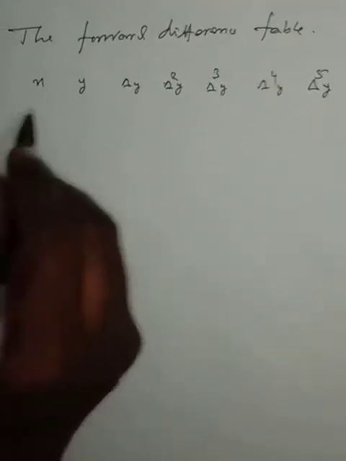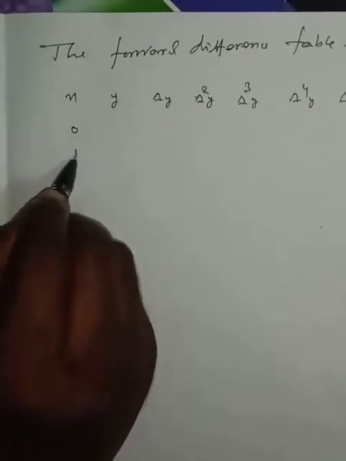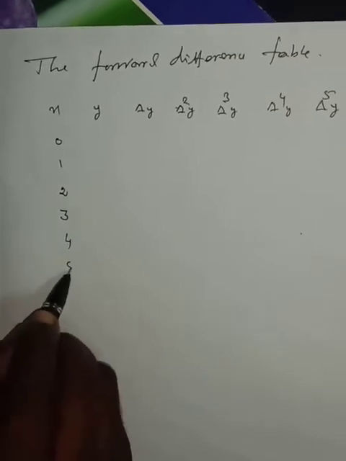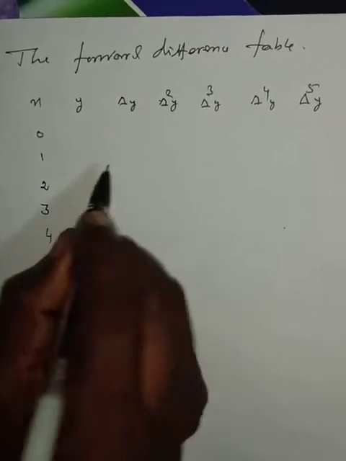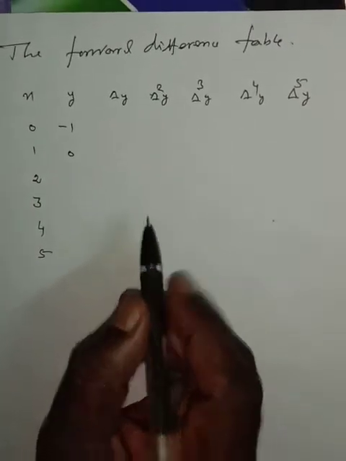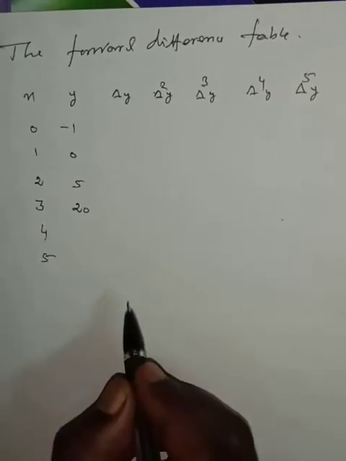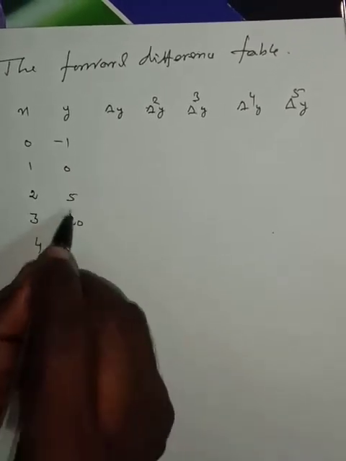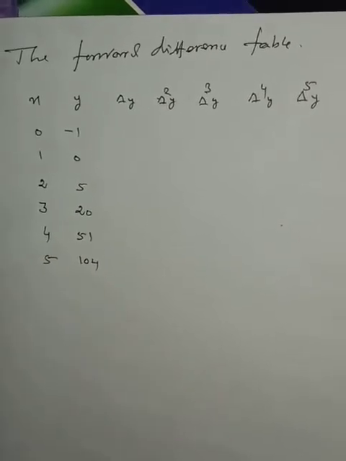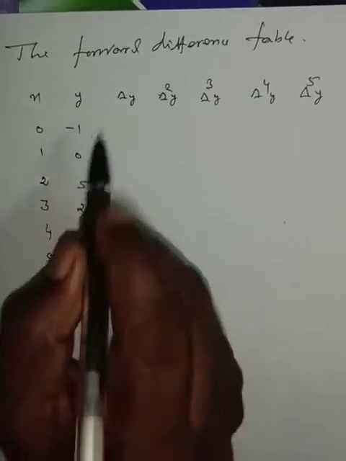X is 0, 1, 2, 3, 4, 5. Y is minus 1, 0, 5, 20, 51, 104. Now delta y means 0 minus minus 1 is positive 1.